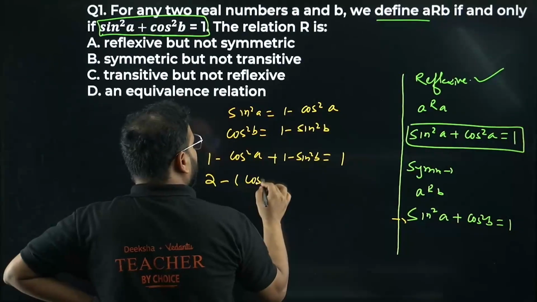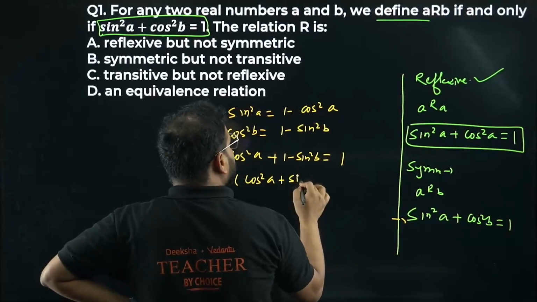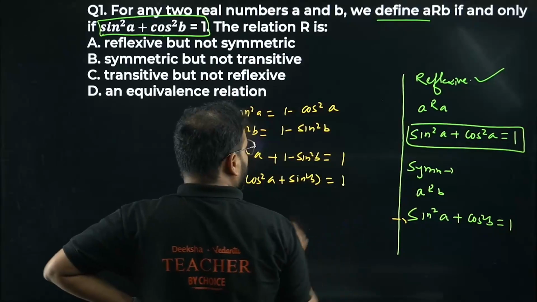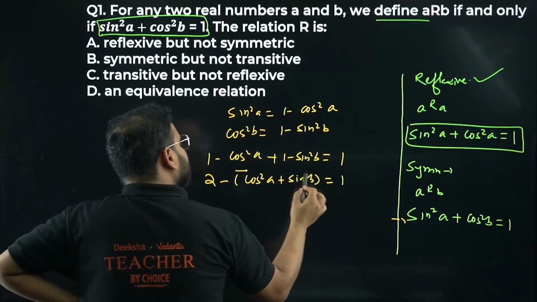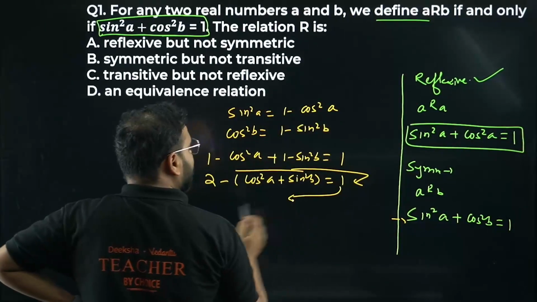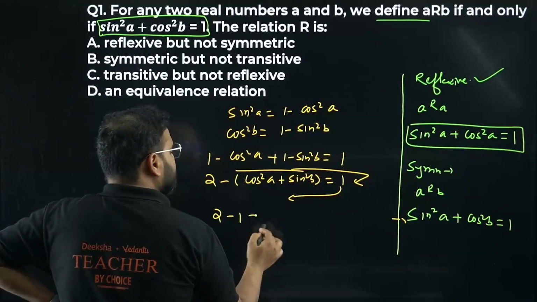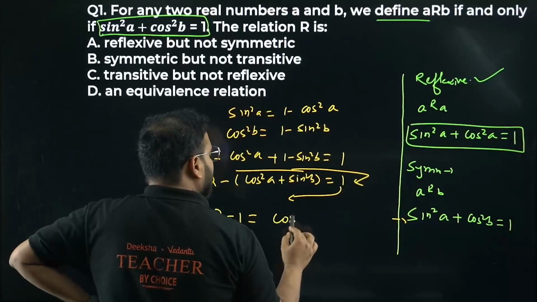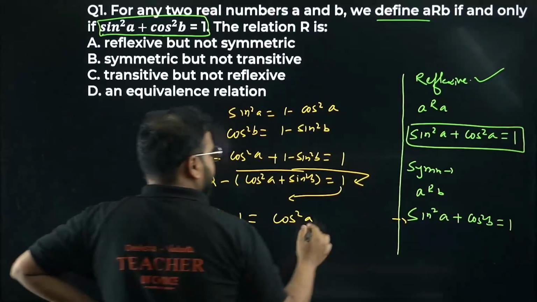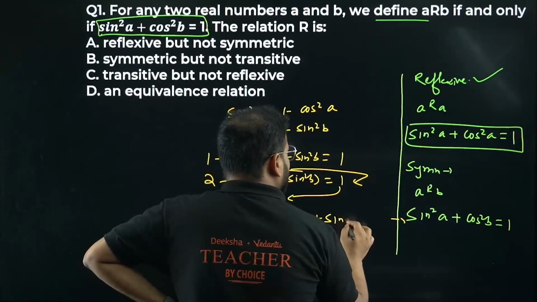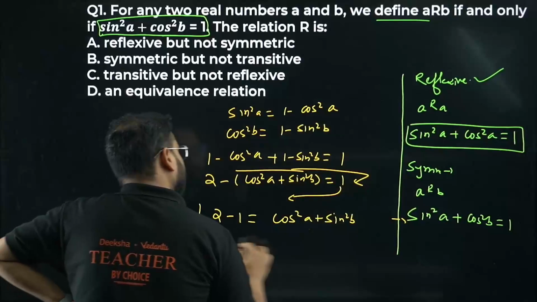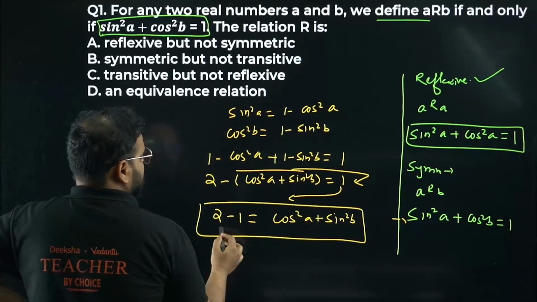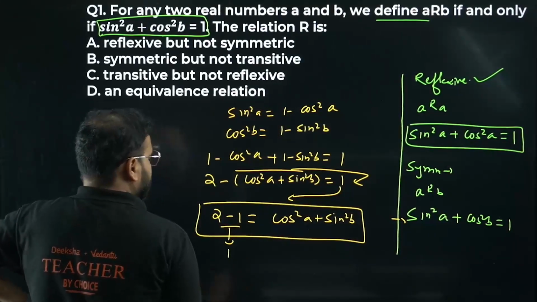I get 2 minus (cos square A plus sin square B) equals 1. Bring this bracket on this side and this 1 on the other side: 2 minus 1 equals cos square A plus sin square B. This is going to be 1 only.